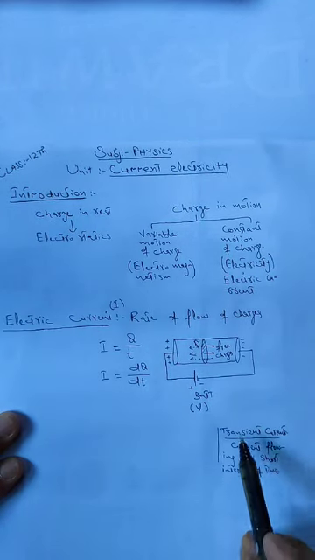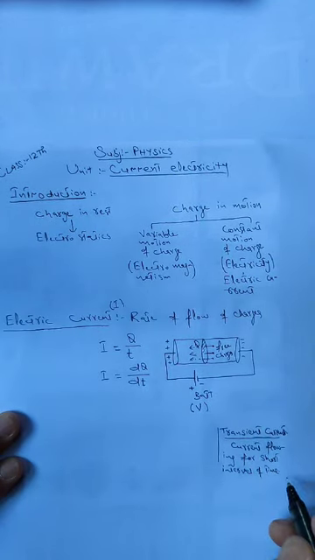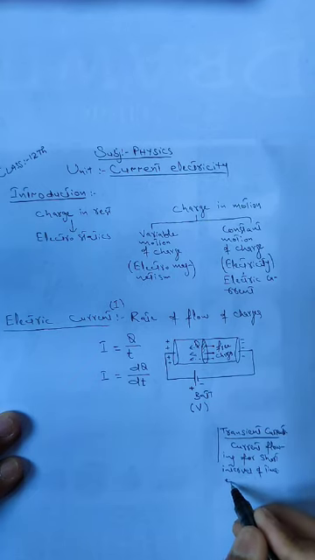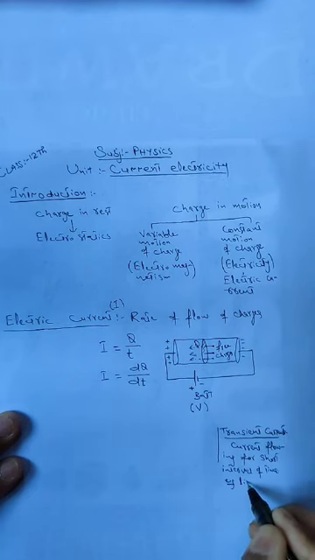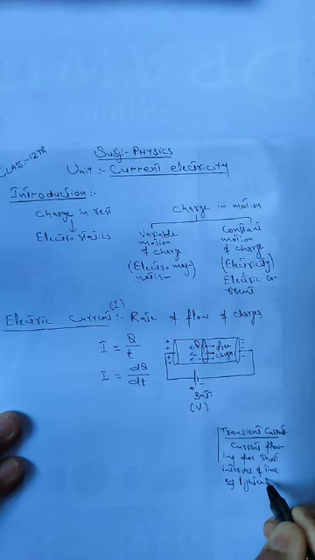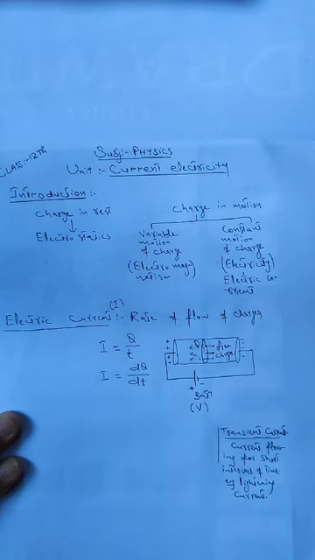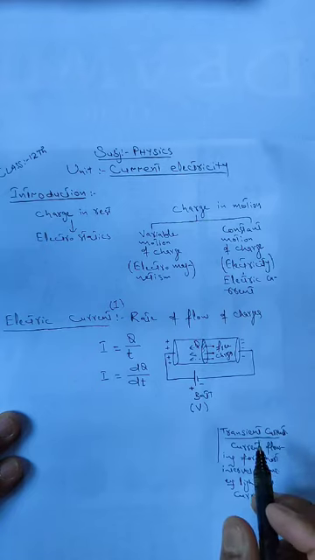Transient current means the current which flows for a short interval of time, for example, lightning current. When lightning takes place, a huge amount of electric current flows, but for a very short interval, that we call transient current.